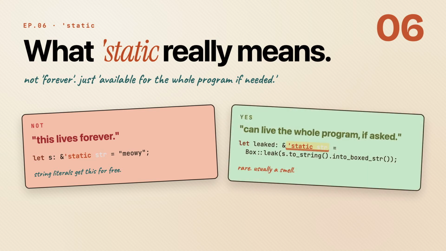What it really means is that this can live for the whole program, but if something needs it to, you can opt in by leaking a value. That's rare and usually small. Tick static says it can outlive everything. It does not say it must.